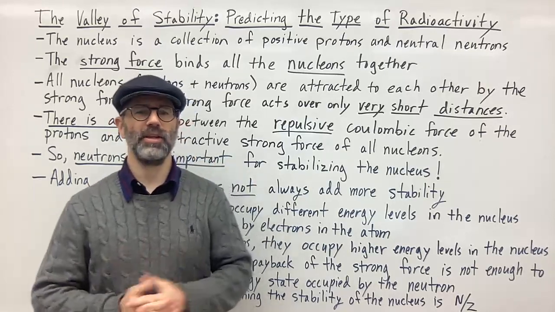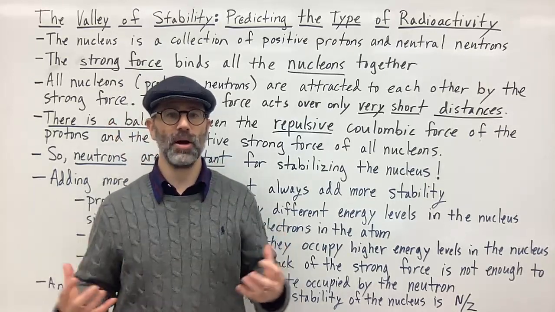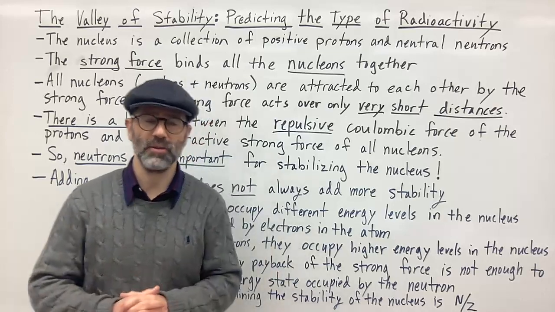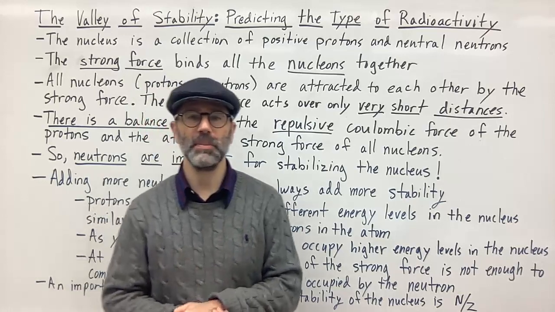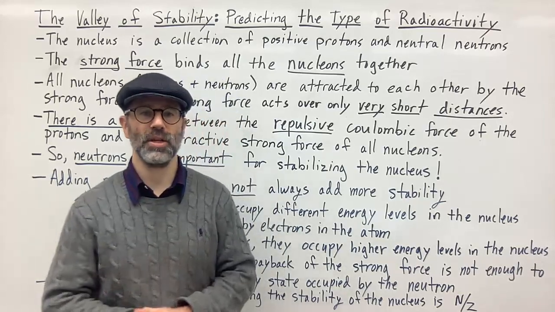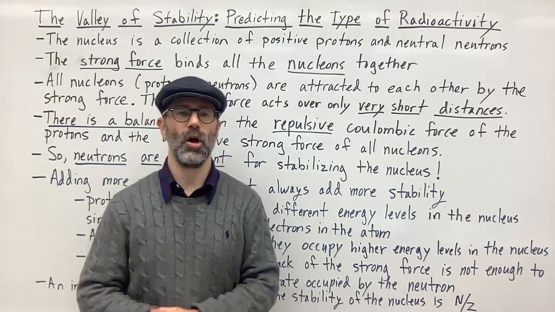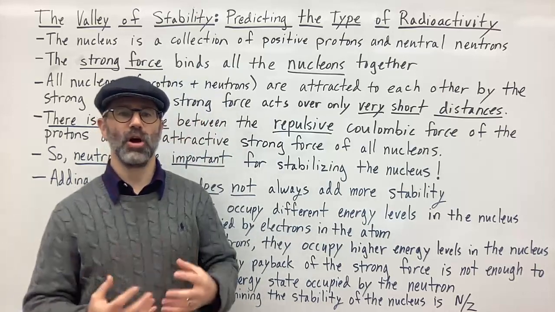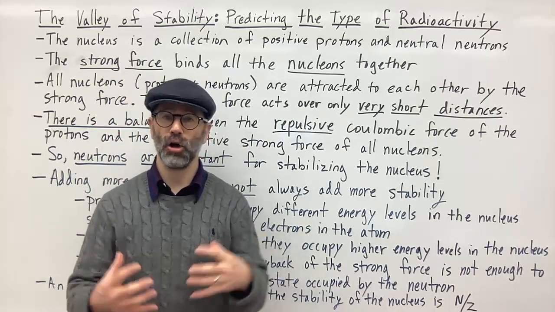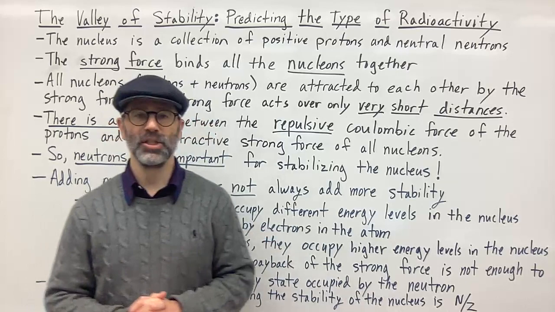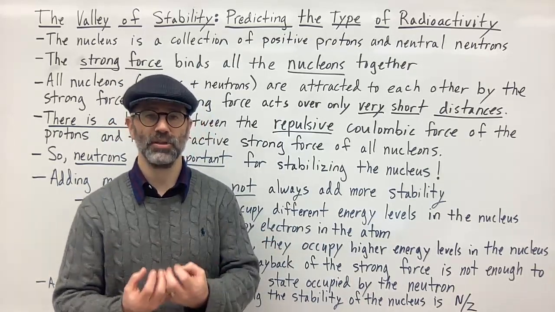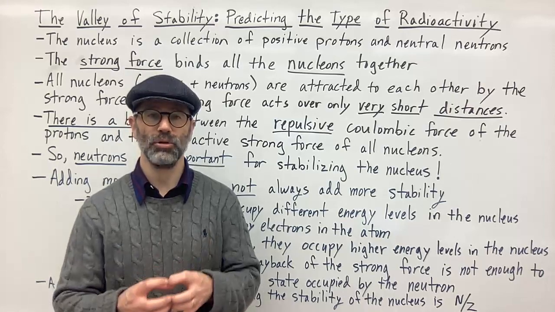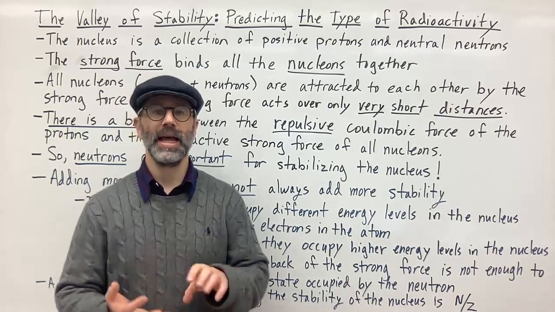So why is it that the nucleus is not falling apart? You've got all these positive protons. Why aren't they repelling each other? What's keeping them together is another fundamental force of the universe called the strong force. That strong force is what binds all the nucleons together. What we mean by nucleons, again, is all of the subatomic particles that are in the nucleus, that would be the protons and the neutrons.